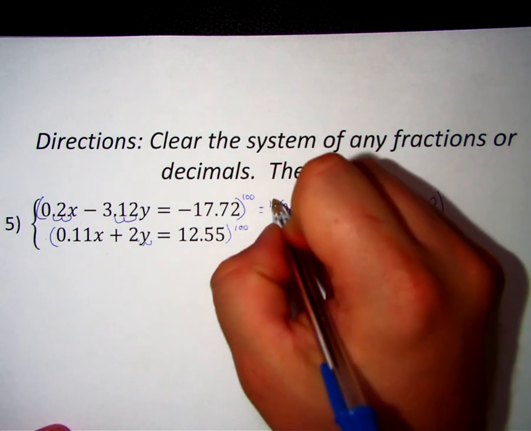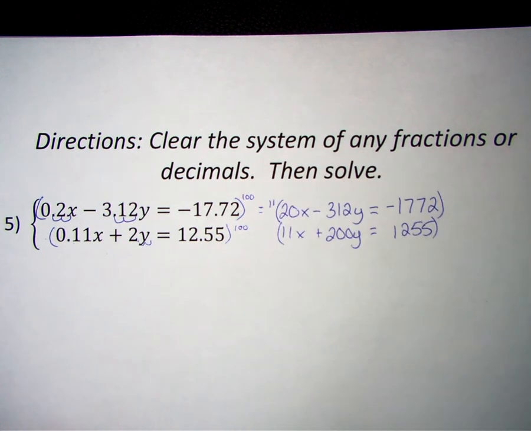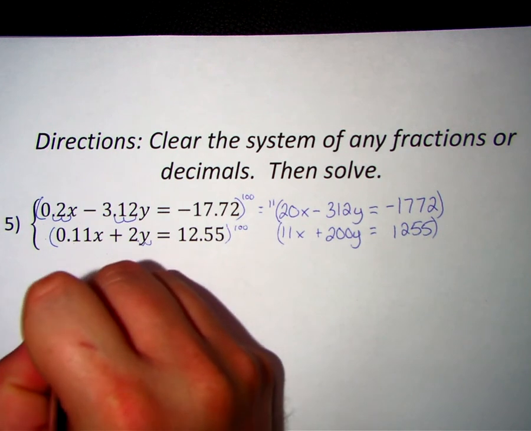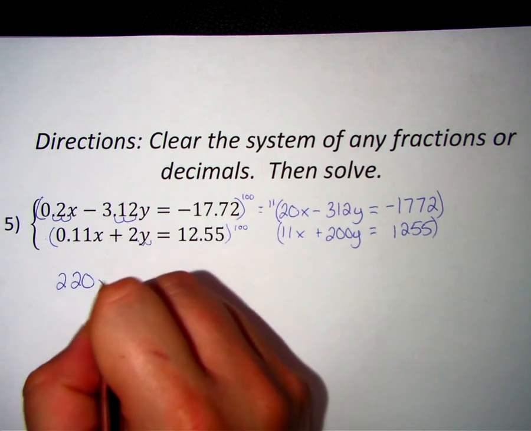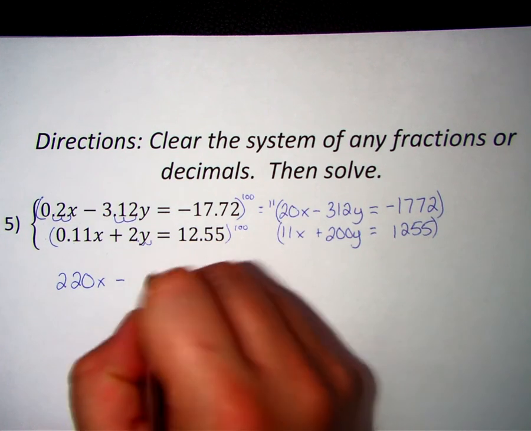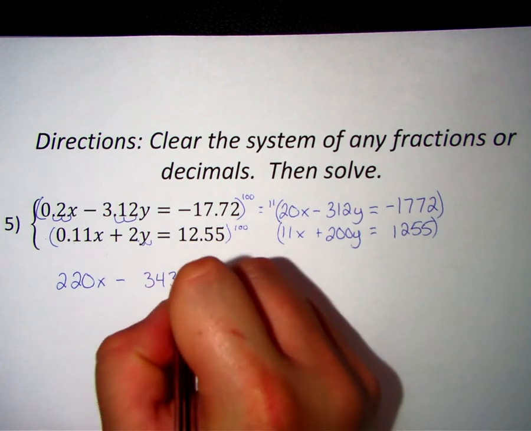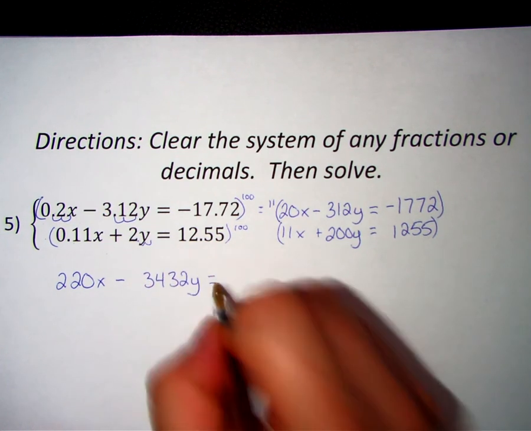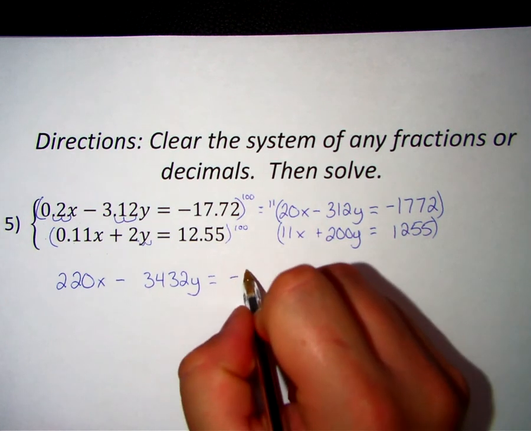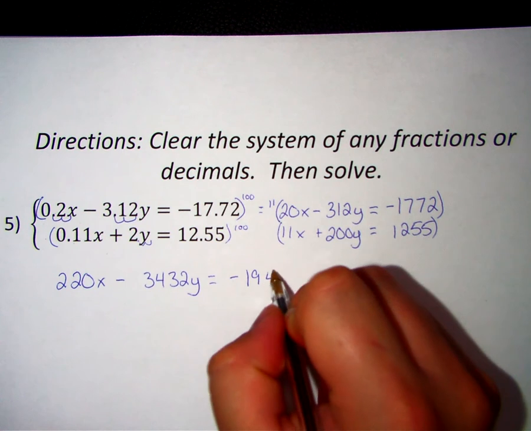So I'm going to multiply this equation by 11. So 20 times 11 gives me 220x minus 312 times 11 gives me 3,432y equals, and here's where the number gets really big, 1,772 times 11, negative 19,492.